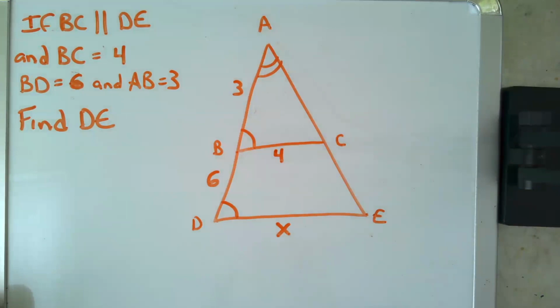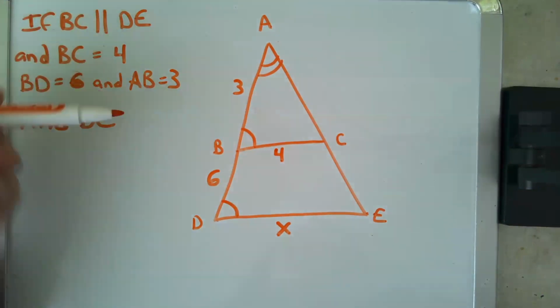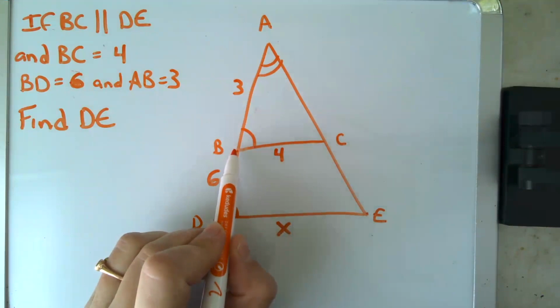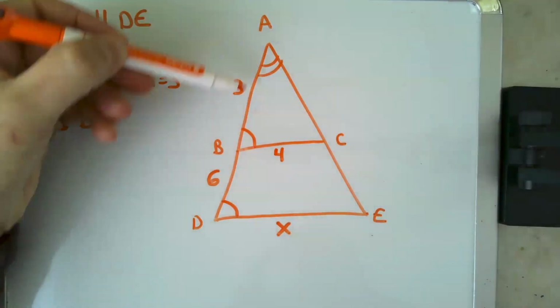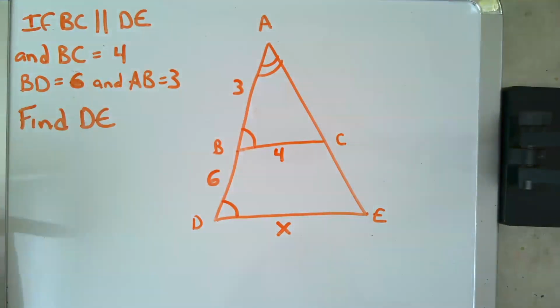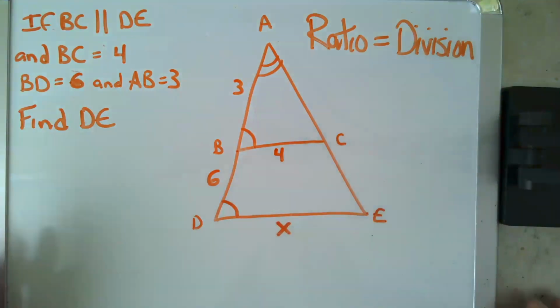So now, here's where ratio comes into it. We know that in similarity, the ratio of one side in the smaller triangle to its corresponding side in the larger triangle will be the same ratio for any smaller side to its larger side. And then the other thing to remember is that ratio equals division.